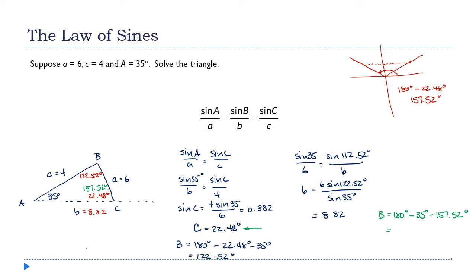If you get a solution, then your next step is to do this reference angle process, come up with a second possible value for the first angle that you went out and found. Check to see if that's possible. Check to see if that gives you a valid third angle. If it doesn't, you're done. There's one solution, move on. If it does give you a valid angle, and we're going to do an example of this in the next slide, then you just go through the whole process again with that second set of dimensions.